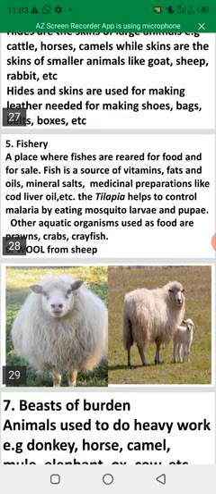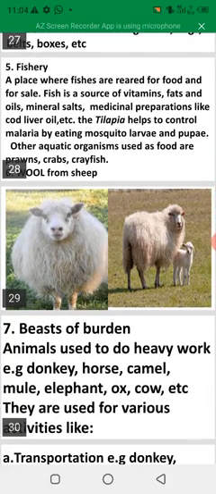Other aquatic animals used as food are prawn, crab, crayfish. Some of these fishes are good for us. They help us to control some organisms that are harmful to our body, like mosquito. Tilapia fish is used to eat the larva of mosquito.